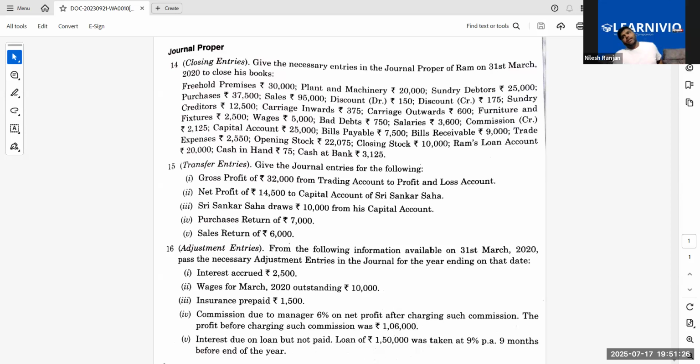Okay, there are many practical chapters, and there are two, three chapters which are only theory. One of them is capital and revenue expenditure. The second one is provision and reserves. The practical chapters that are left are accounting for bills of exchange, depreciation, bank reconciliation statement, final account, and single entry system. These topics are still left.